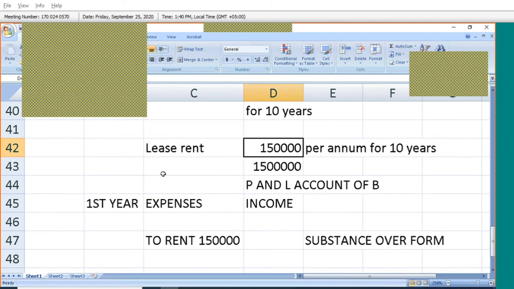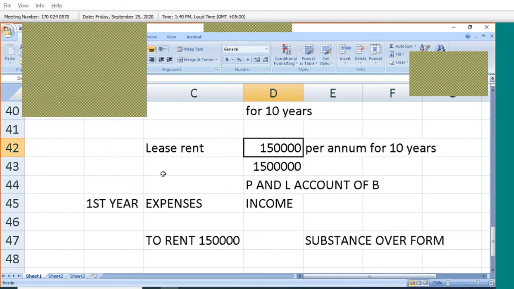In this particular scenario, legally the owner is A, but practically usage is done by B, not A. So by applying the substance over legal form logic: substance over legal form means what, sir?